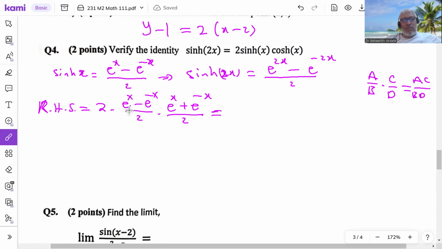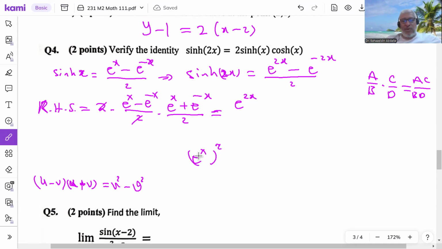I can cancel this 2 with this 2 if you like. And now multiply this times this. If you multiply these two, this is u minus v and this is u plus v. When you multiply u minus v times u plus v, you get u squared minus v squared. And this is again another important formula. So we get e to the power x times e to the power x, which is e to the power 2x, or e to the power x squared.